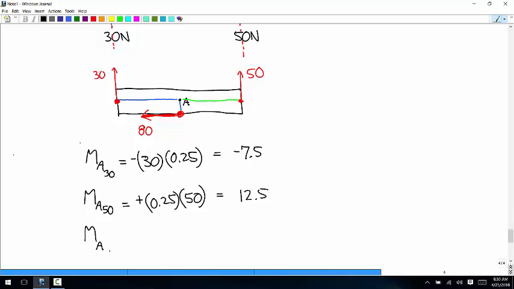And then the moment about A for the 80, the rho vector is 0.05. The force is 80. Would that make it rotate clockwise or counterclockwise? Clockwise, so that's negative.